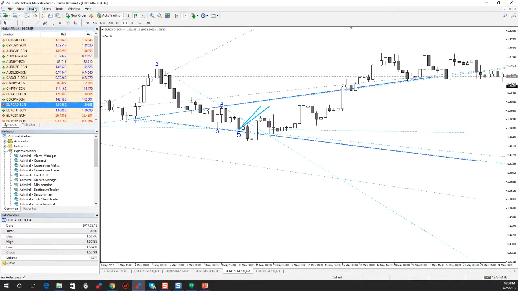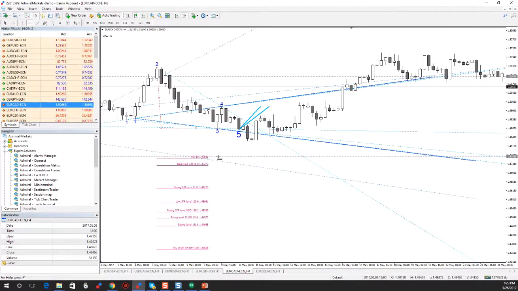And now the type 3 entry would be Fibonacci expansion. Okay, now from 0.2 to 0.3 like this, and you just move the angle here like this. So your entry would have been here.